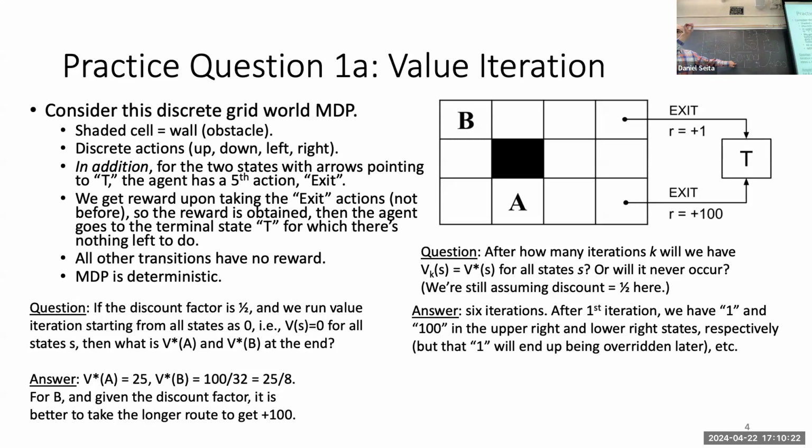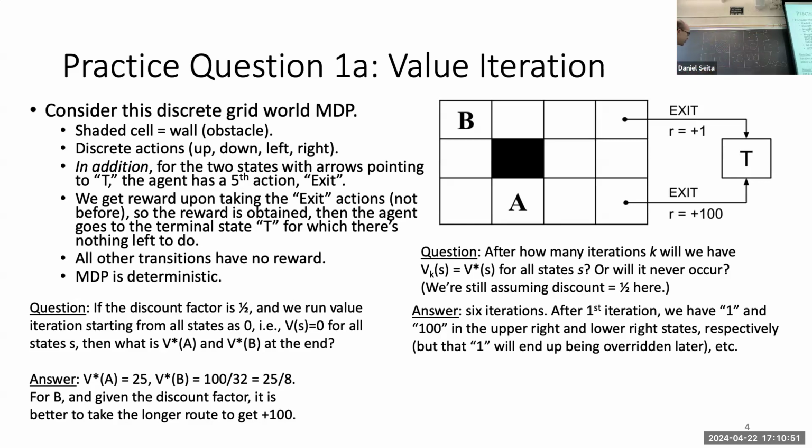So if there's 2 time steps left and you're here, you can go down and then exit. So you get 0 plus discount times 100. That's 50. Now this is 50. You could have gone up and then exit. That would be 1/2. But because 50 is better, you go down and then exit. So this is after 2 iterations.